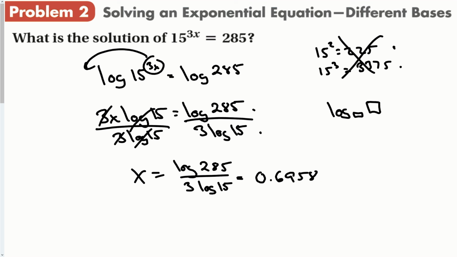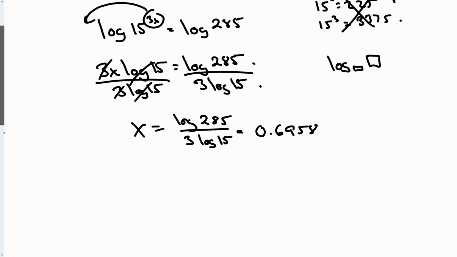And usually we round this to about 4 decimal places, which is pretty standard for logarithms, because a little bit of a decimal could really change your answer.